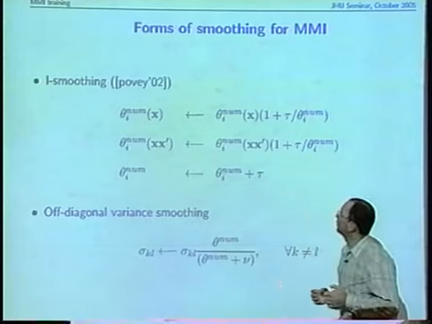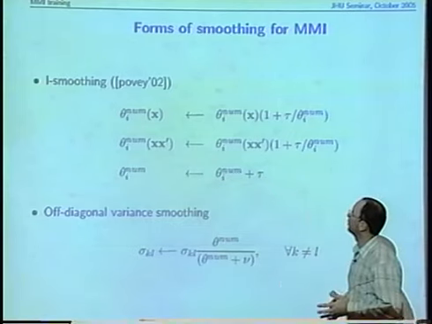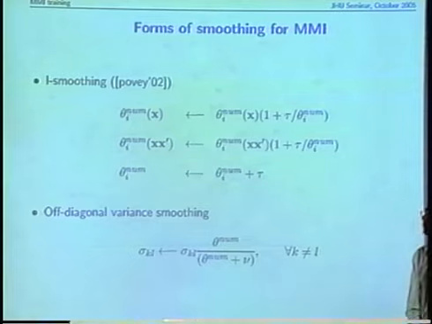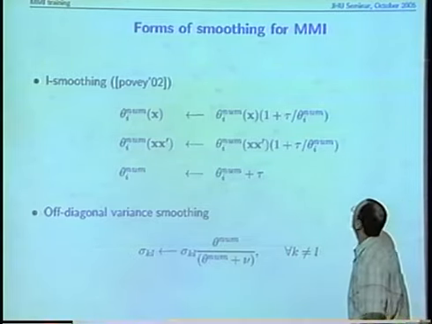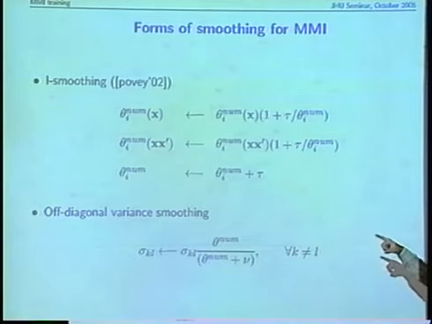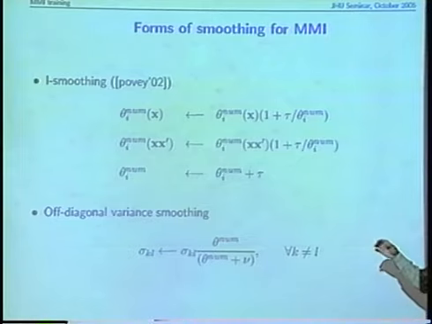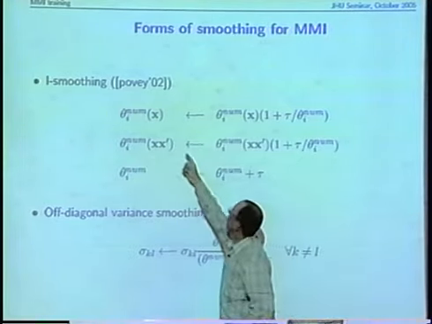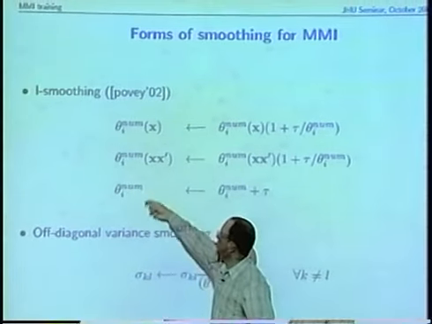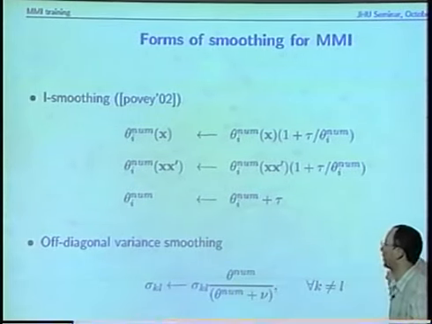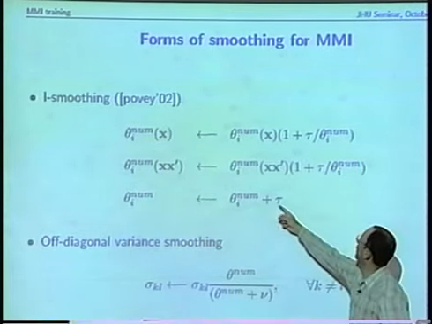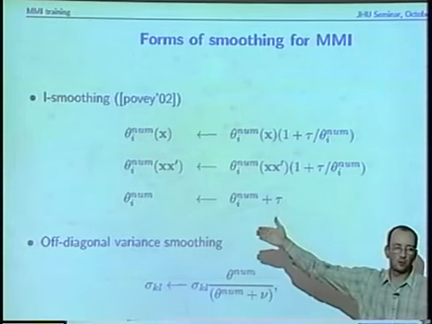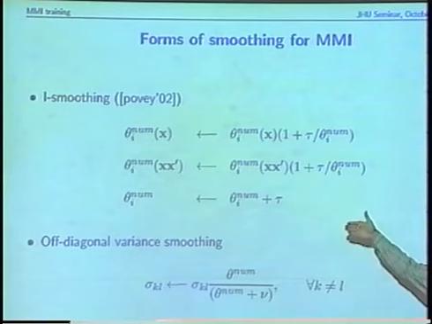So we use two forms of smoothing, one which is called I-smoothing, introduced by Dan and Phil Woodland in 2002, which says that you can add a certain number of artificial counts to the mean statistics, the variance statistics, and the count statistic, denoted by tau. So you just add them artificially to the various counts.